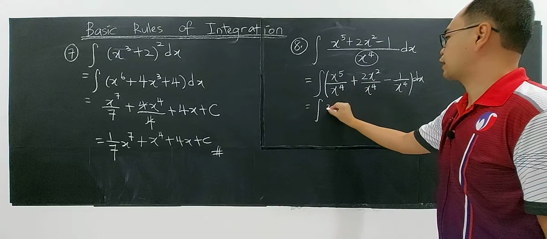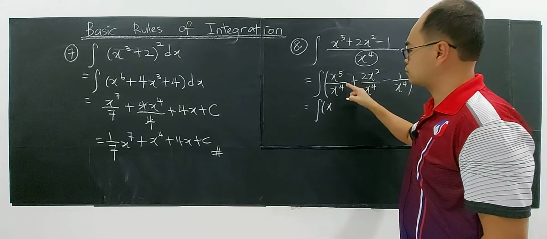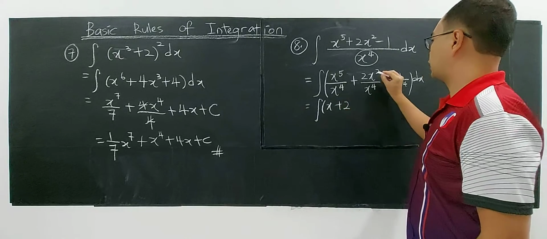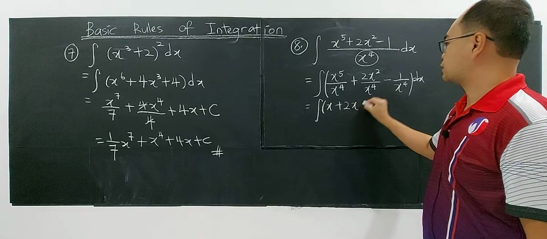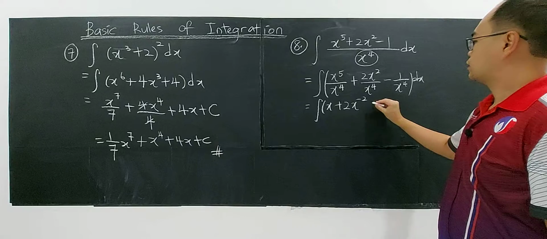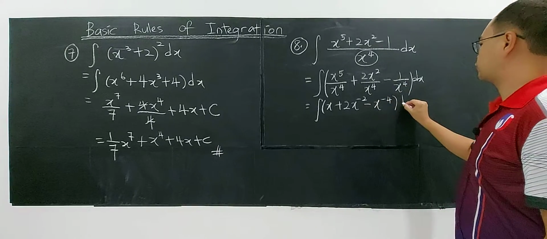Then you have to integrate x, right? 5 minus 4, divide, right? You take the index minus, so you have power 1. So plus 2, x squared and x to the power of 4, right? So you take 2 minus 4, you have negative 2, right? So minus with, this one going up, becomes x to the power of negative 4 dx.